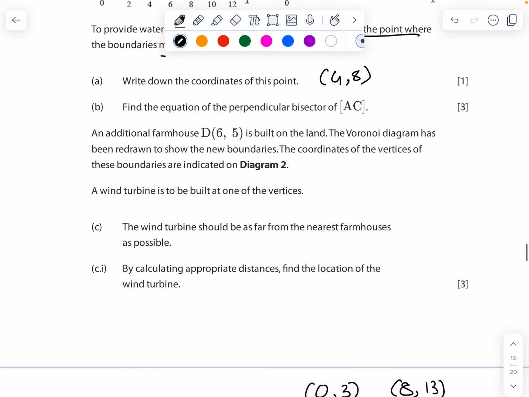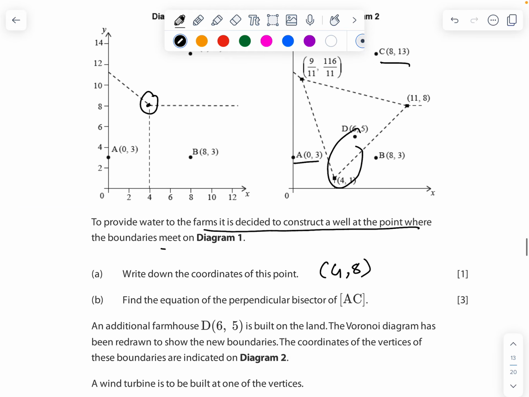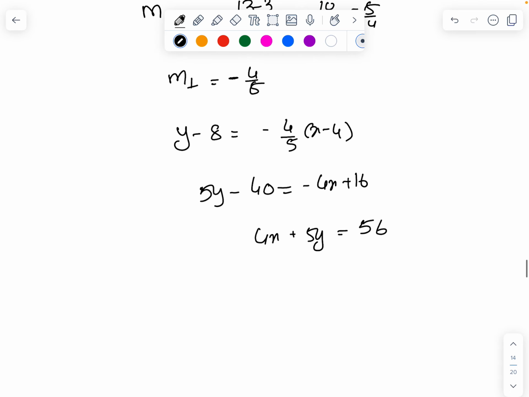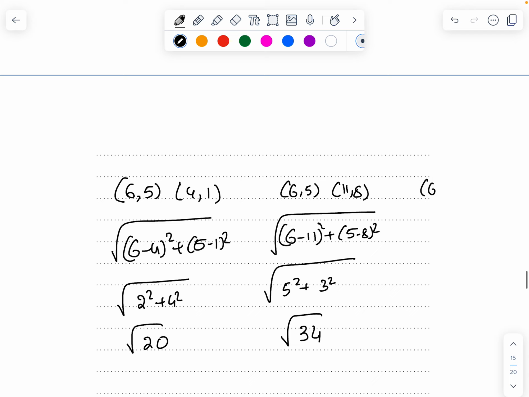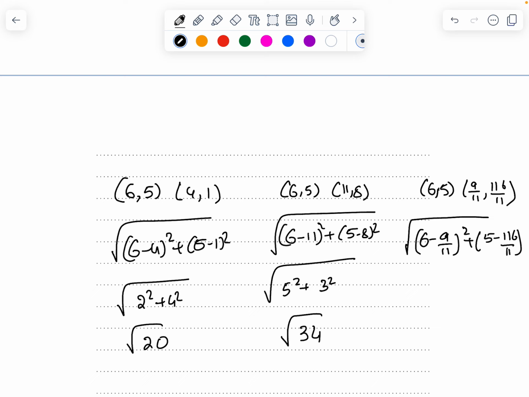Then I will find the distance between (6, 5) and (9 upon 11, 116 upon 11). It's going to be square root of (6 minus 9 upon 11) whole square plus (5 minus 116 upon 11) whole square.